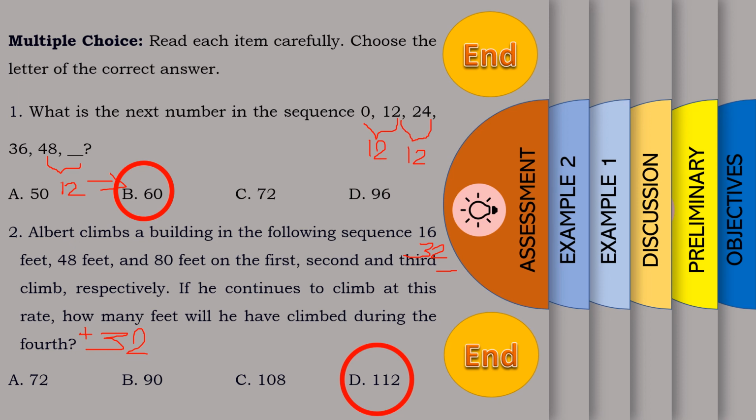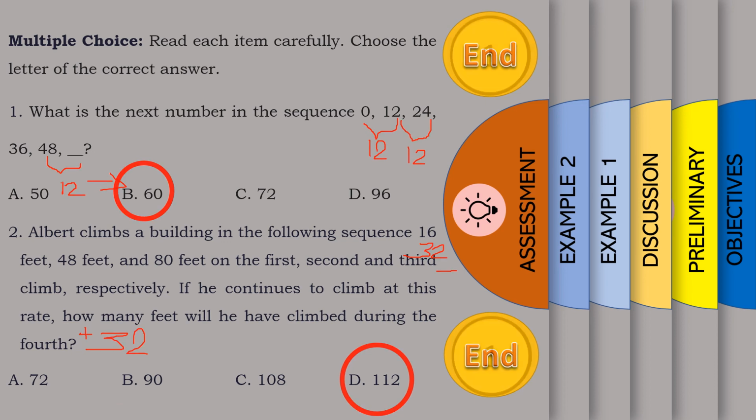Kung perfect mo to, very good. Kung sumabali ka ng isa, again, in-explain ko na ulit yung process at I hope naintindihan mo kung bakit ito yung naging sagot natin. Sa letter A, 60. Okay, 60 yung next term. And then sa number 2 natin, ang sagot natin is 100. So, and that's it. That's how we answer questions under sequence.